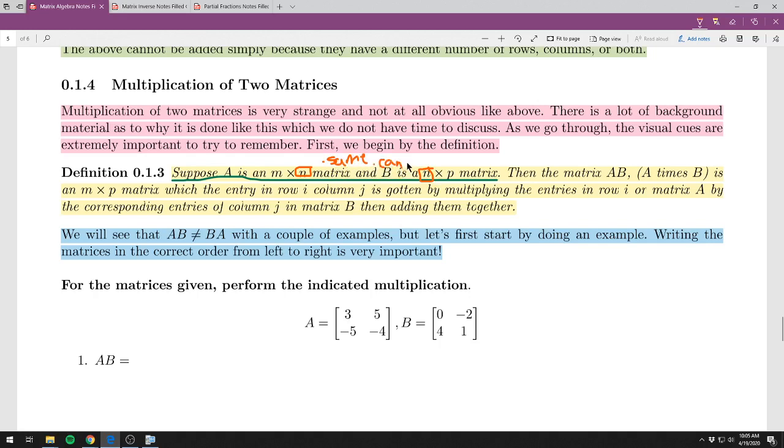Whenever you write down multiplication of matrices, you want to know if you can multiply it, and if you can, how big it will be. The size of the result is the two outside numbers, m by p. So the matrix AB, A times B, is an m by p matrix.